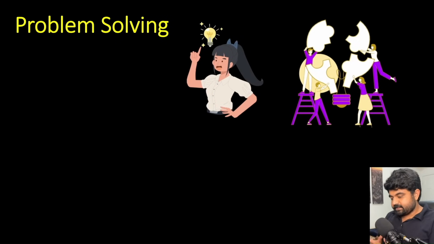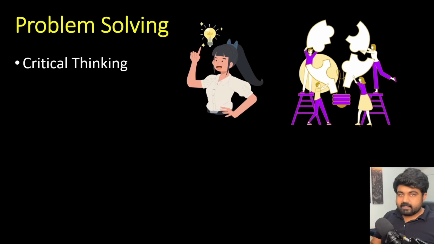Next one is problem solving skills. So obviously with the rapid change in the world, every single day a new problem arises, or maybe 10 new problems arise, and you need to have the critical thinking to make the changes. On top of it, you need to have some sort of creativity in solving the problem.